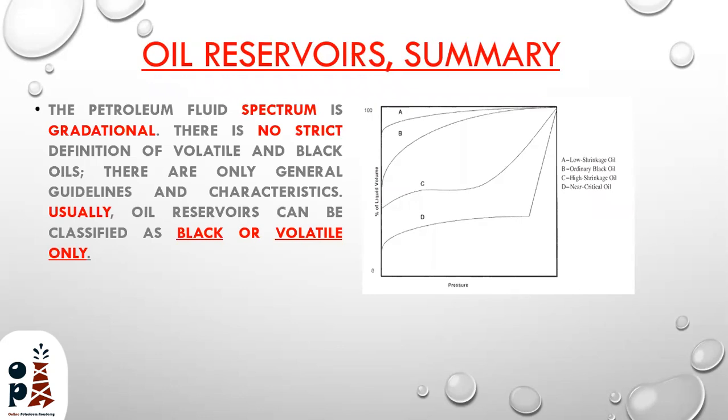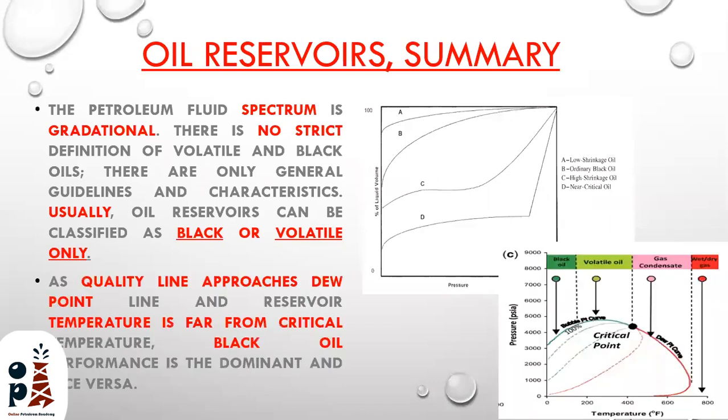So the near critical oil reservoir has the greatest shrinkage among all oil reservoirs. Also, for the phase plot, we can notice that the black oil is far from the critical point, and the volatile oil is near to the critical point.